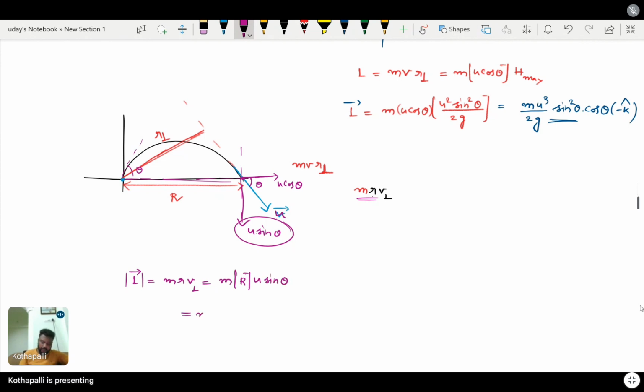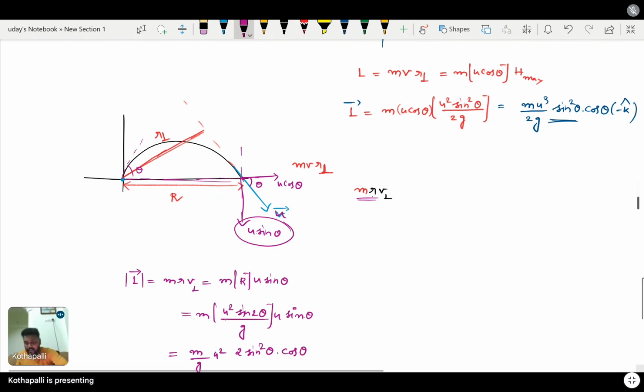So M R V perpendicular is M times U square sin 2 theta by G into U sin theta, which is M by G into U square sin theta, sin 2 theta we can write as 2 sin theta cos theta, upon 2 sin theta into sin theta, sin square theta into cos theta.